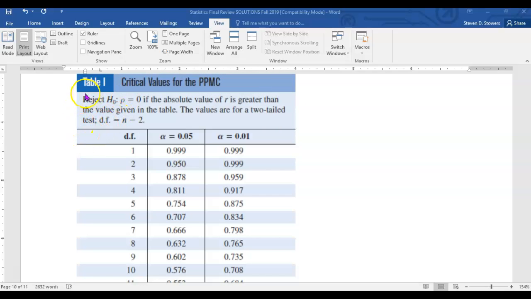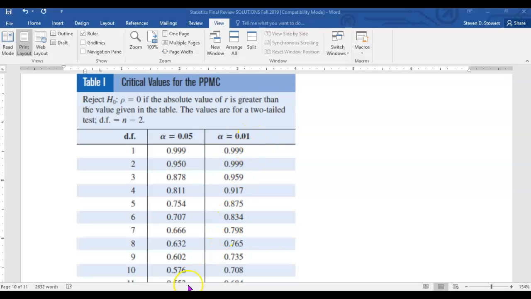It's in the back of your book, but you may not still have your book, so I'll give you the table to refer to. And it does explain how to use it. You're going to be rejecting the null hypothesis, rho equals 0, if the absolute value of R, so if R is negative, you're just looking at the absolute value of R, which is positive, and you're comparing it to the value in the table.